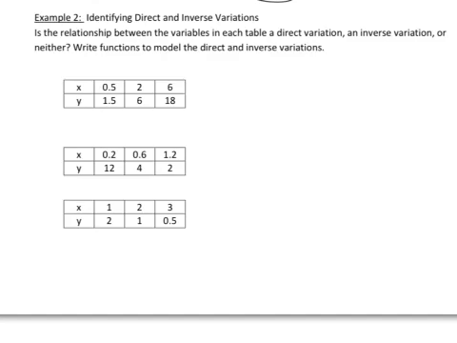Next: is the relationship between the variables in each table a direct variation, an inverse variation, or neither? We'll look at each table and figure out what kind of variation it has, if any. If it does, we'll write the function to model it.